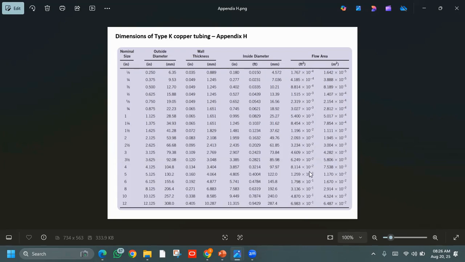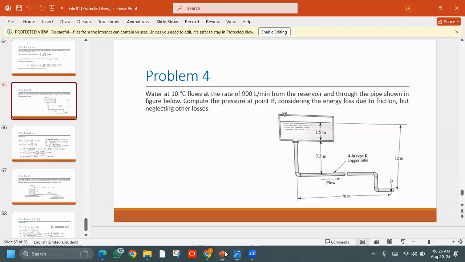We have 8.114 times 10 to the power minus 2, and the inside diameter equals 97.997. So we will use these diameters and area values for that equation.